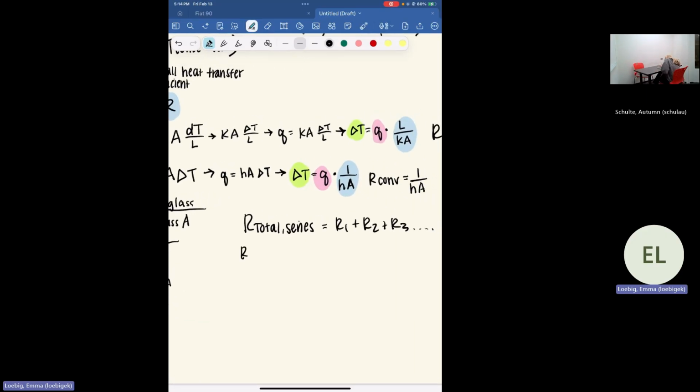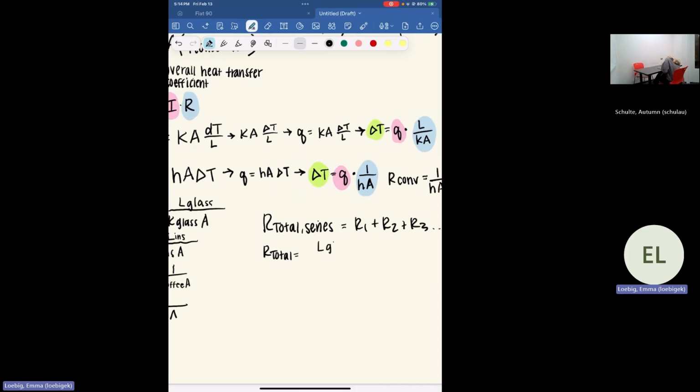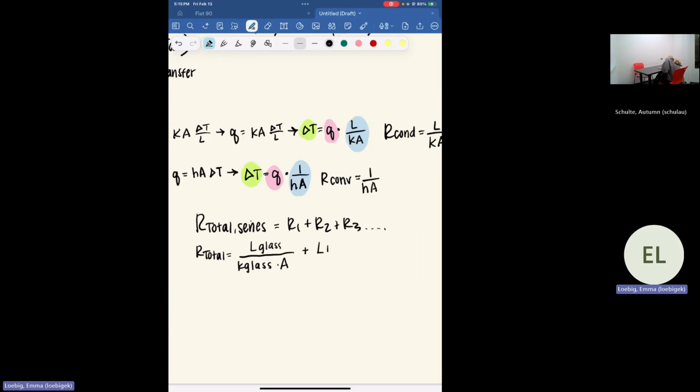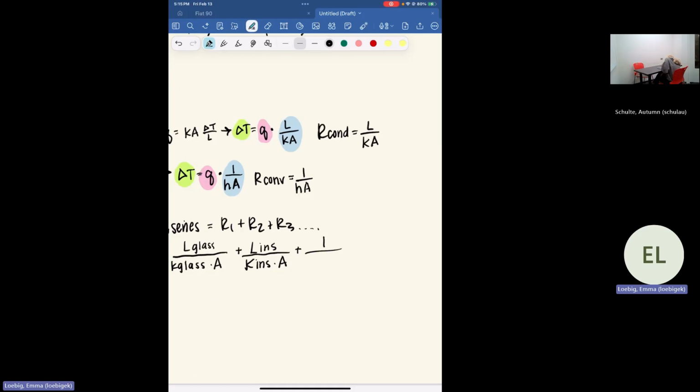We can say our R total is equal to the thickness of the glass divided by the thermal conductivity of the glass multiplied by the area, plus the thickness of the insulation divided by the thermal conductivity for insulation multiplied by the area, plus 1 over the heat transfer coefficient for coffee times the area, plus 1 over the heat transfer coefficient for air times the area.